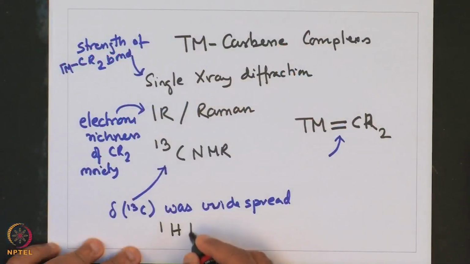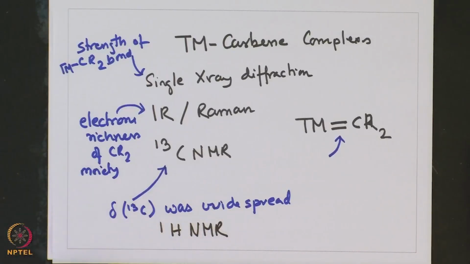Now, we are going to continue this discussion in a bit more detail, and we are going to look at another most powerful technique for characterization of this metal carbene moiety, and that is from the perspective of proton NMR. Proton NMR is a very common, ubiquitous tool that is used for characterization of all compounds, and this is no different in the case of organometallic compounds too.